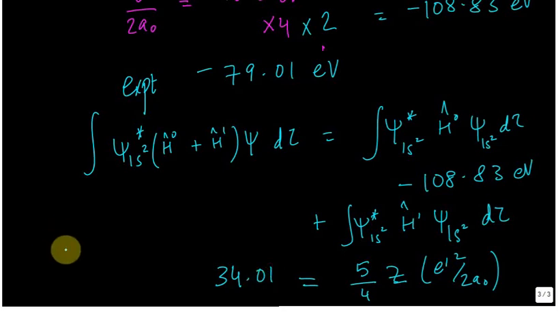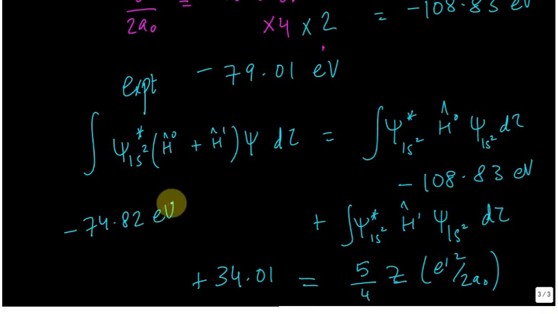So the total is minus 108.83 plus 34.01. It's a repulsion term, so this is going to be positive. A repulsion interaction is a destabilizing interaction, so it's going to take the energy up. What it gives me is minus 74.82 electron volts.